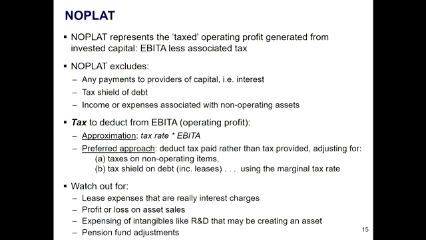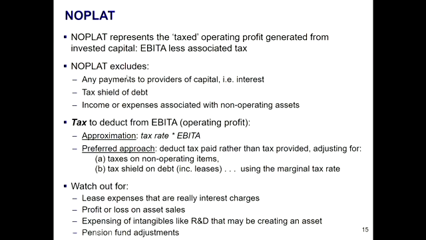NOPLAT is the taxed operating profit. It's different from the operating profit in quotation marks from the accountant's P&L. And also it's different from free cash flow as well, because the way we calculate the NOPLAT is for valuation purpose, and we believe it provides a better measure of the company's performance. So it's net operating profit.